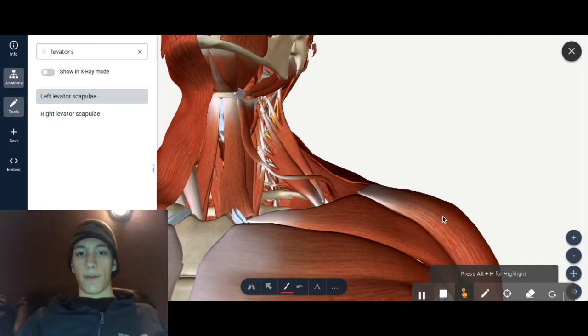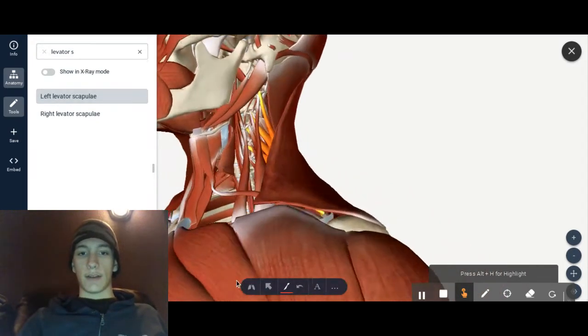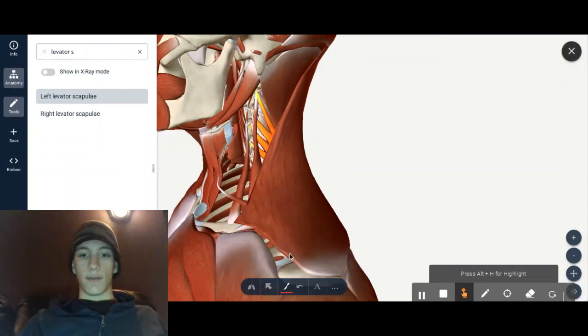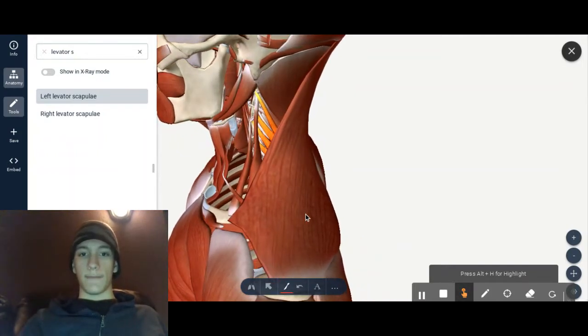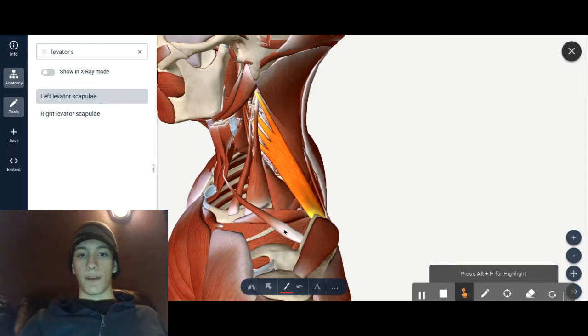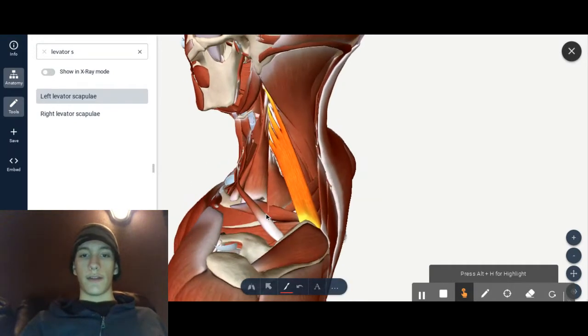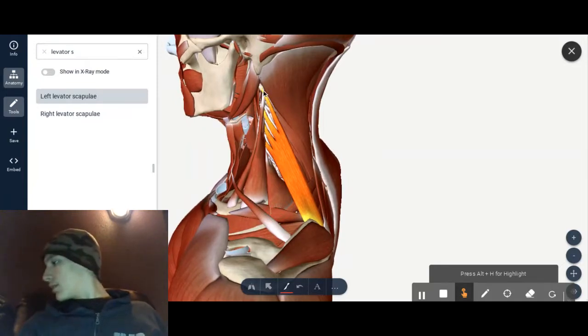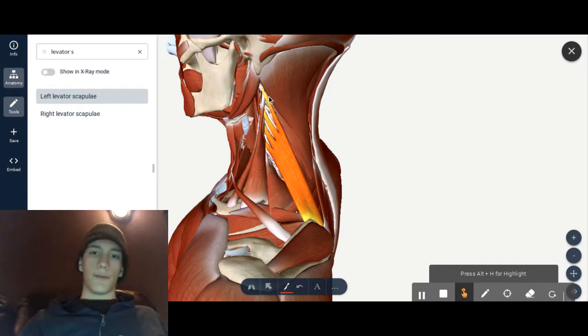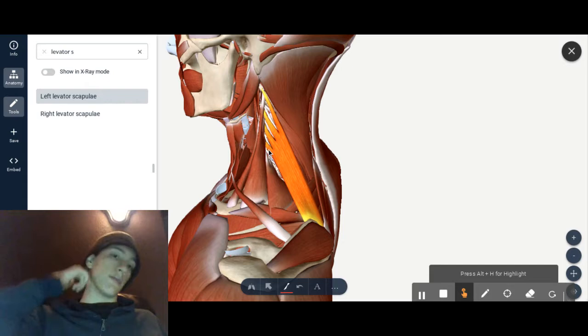All right, so see how it's all buried under the muscle? I'm going to have to get rid of some of that muscle so that you can see it. Your levator scapulae is attached to the transverse processes of your first 4 cervical vertebrae, C1 through C4.